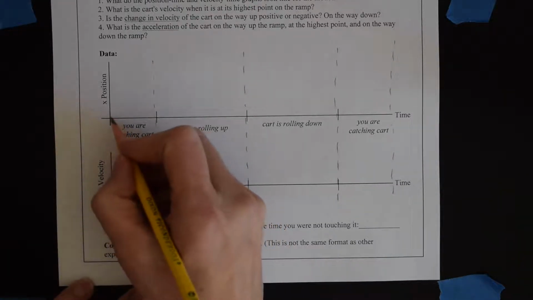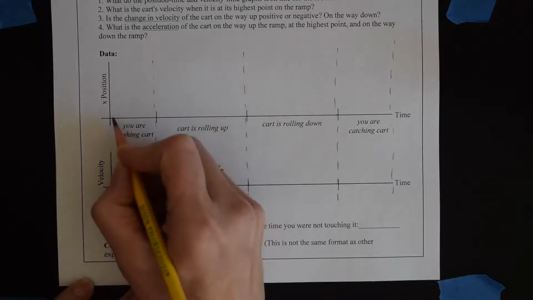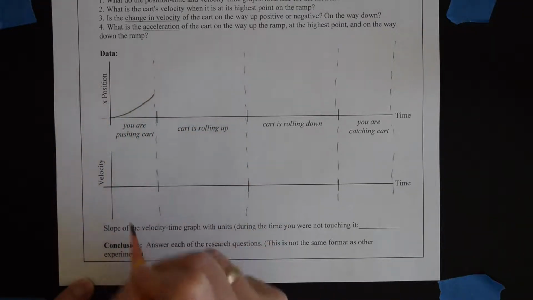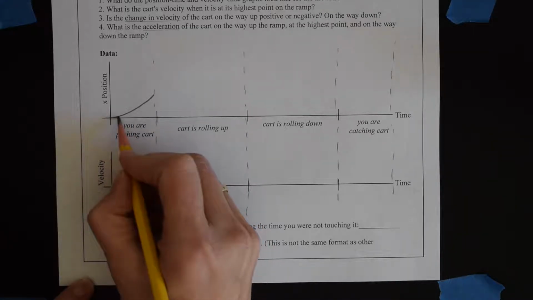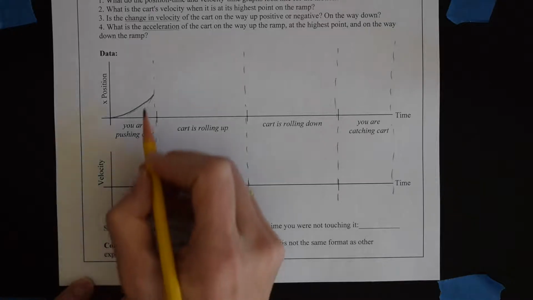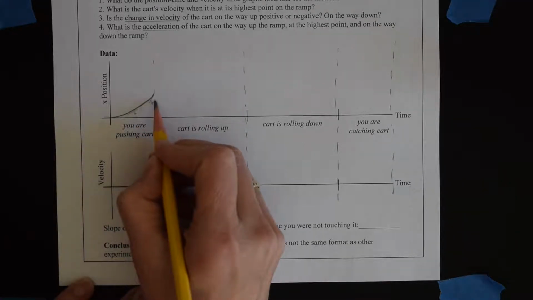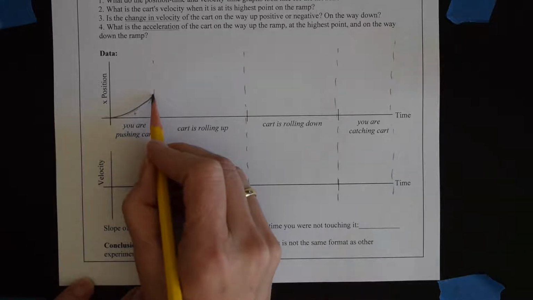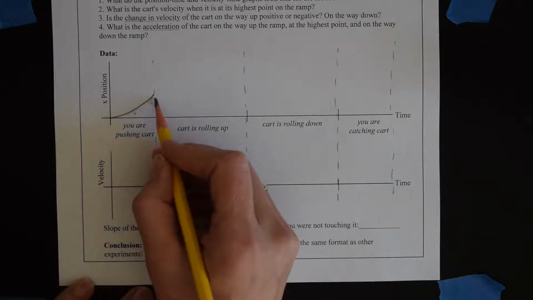Okay, this is what the graph looked like. When we were pushing the cart, it looked like this. And that makes sense because it started at a velocity of 0 and then it had increasing speed in the positive direction. So we have these slopes getting steeper. Now once you let go of the cart, it's now moving fast and rolling up the ramp.